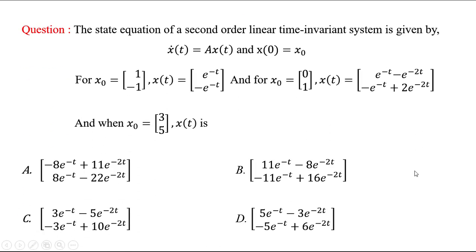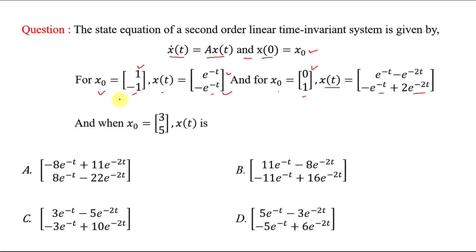Now I am going to the second problem. The state equation of a second order linear time invariant system is given by dx(t)/dt equals A x(t), with x(0) equals x suffix 0. For x(0) equals [1, minus 1], x(t) equals [e to the power minus t, minus e to the power minus t], and for x(0) equals [0, 1], the value of x(t) equals [e to the power minus t minus e to the power minus 2t, minus e to the power minus t plus twice e to the power minus 2t].